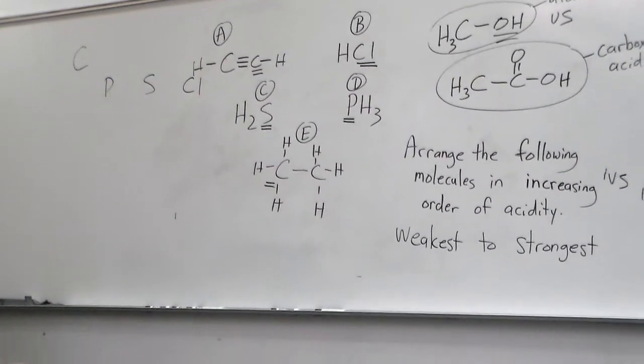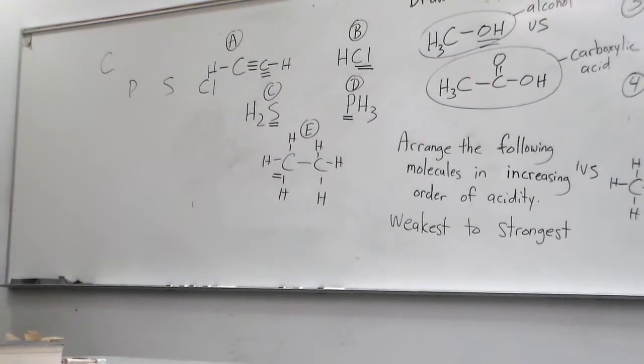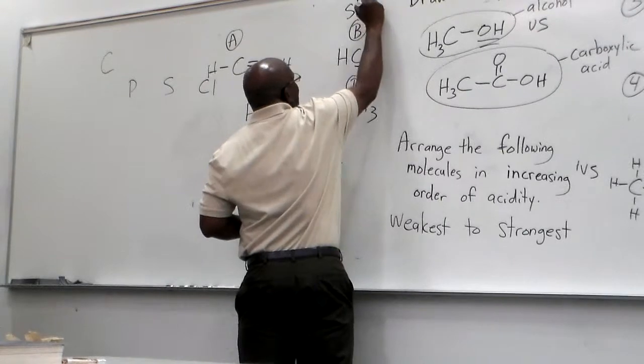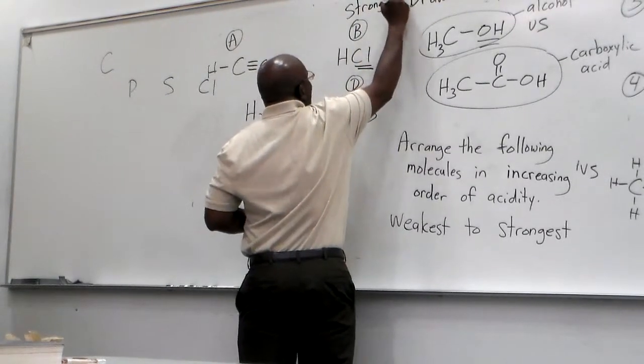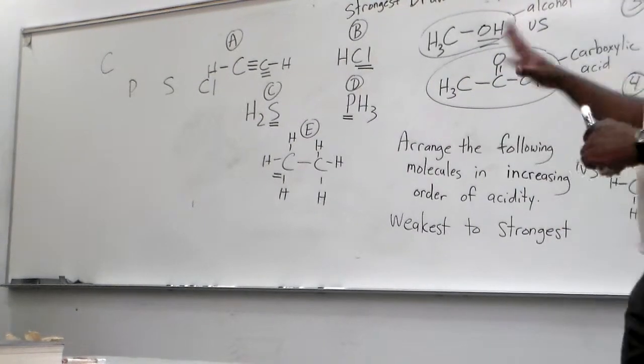On the periodic table, the strongest acid is going to be on the left, I mean, the right. On the right. So the strongest one is going to be chlorine, HCl. This is going to be the strongest. The weakest is going to be carbon. Now we got two carbons.